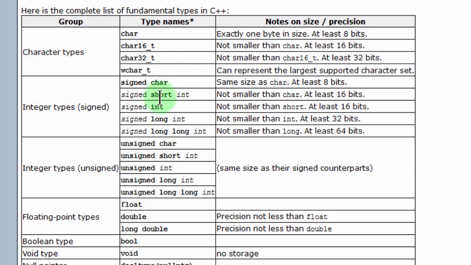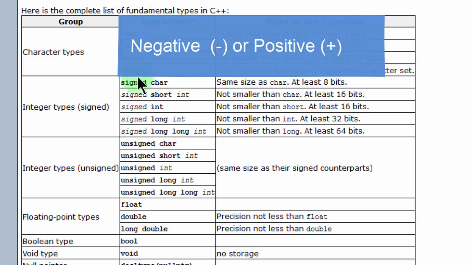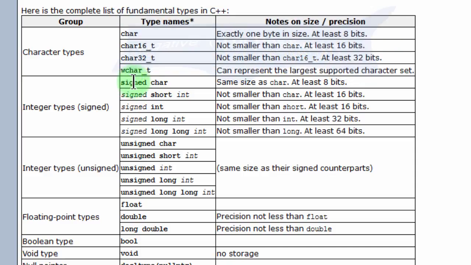So in integer, we have signed or unsigned. Signed basically means that this has a plus or a minus, but in most cases you'll just find this is not even put. You'll just declare your variables without really using this. So here we have this short int. At some point you may declare a variable like a short int. You can have unsigned and signed. So unsigned don't have any sign before them, that is the plus or the minus.